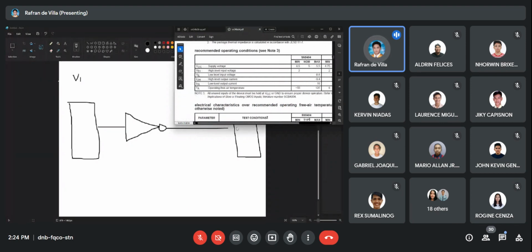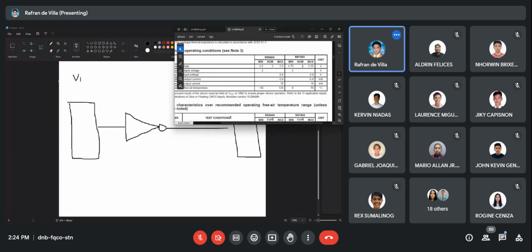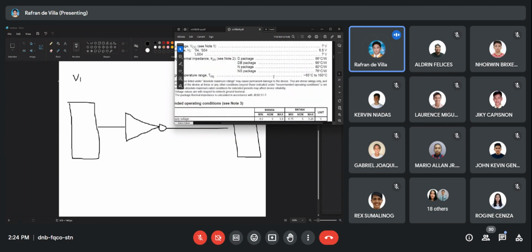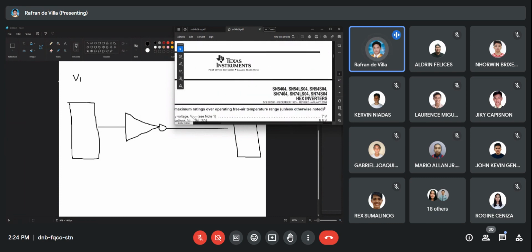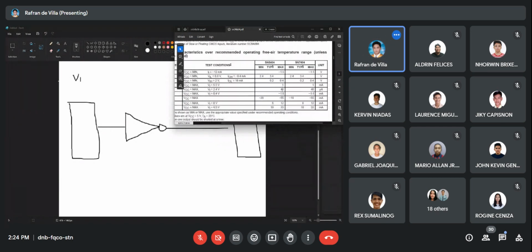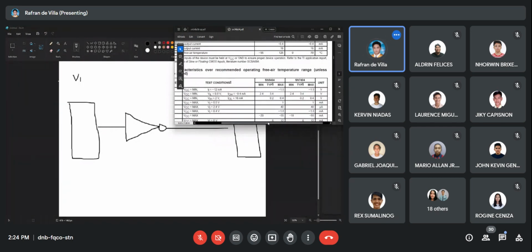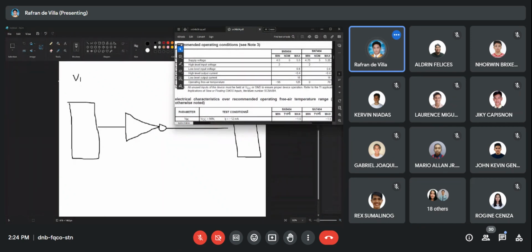So kung magtanaw ta dire, voltage input high nominal is 5 volts. But na minimum siya nga reset which is naa sa 2 volts. And LS ba to siya? LS na series, LS na series. Okay. So voltage input high, 2 volts.